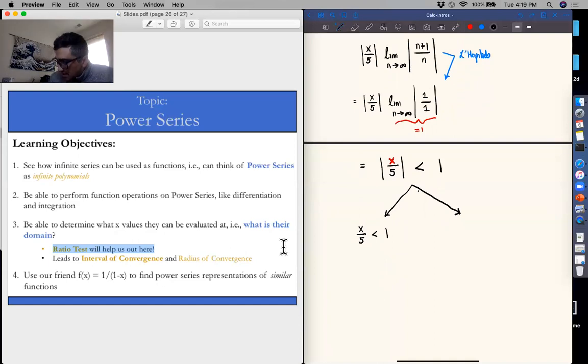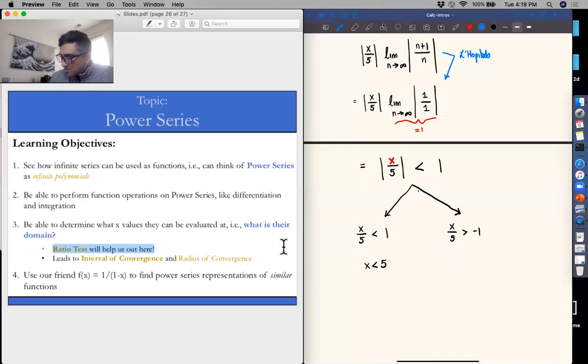And then we also need to consider the other case where x over 5 is greater than minus 1. So let's see what happens in this case. Well, if we're solving the left-hand side first, we're just trying to see what x values work. So it looks like when x is less than 5, we're getting some information about the domain.